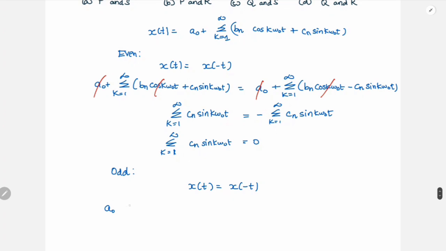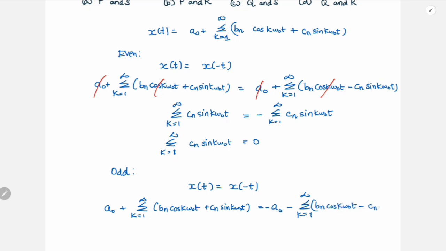So a naught plus summation k equal to 1 to infinity bn cos k omega naught t plus cn sin k omega naught t is equal to a naught plus summation k equal to 1 to infinity, and it's minus sign. So minus a naught minus bn cos k omega naught t, right?